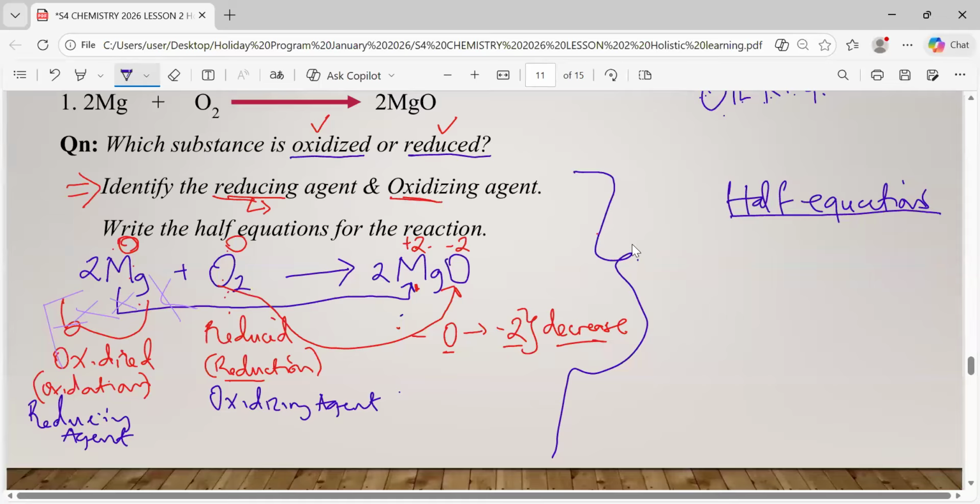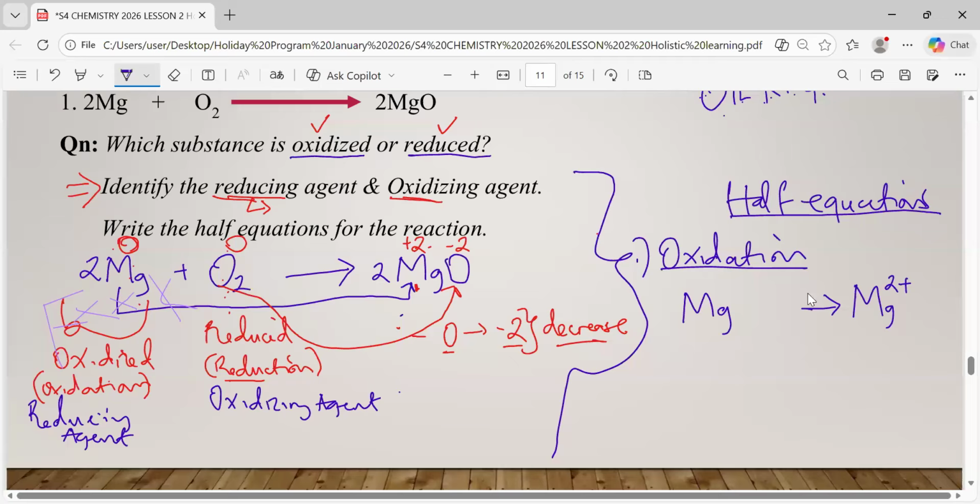Look at this. Number 1, we start with the half equation for oxidation. Which substance is undergoing oxidation? We have seen that it is magnesium. So it is magnesium which is giving us magnesium ion, but with a charge of 2 plus.